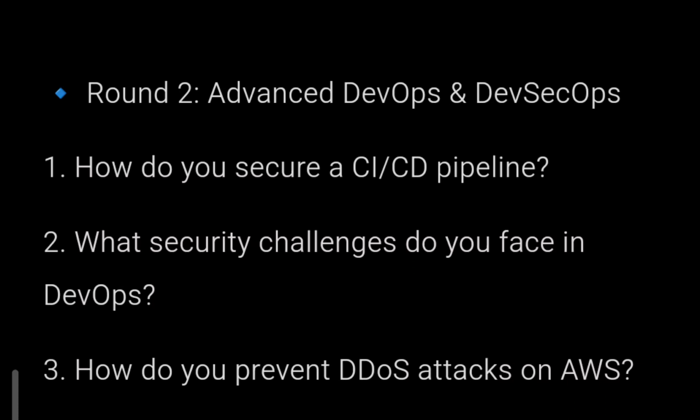That might be prod, QA, or UAT. In each stage we can integrate these tools. Let's say if we wanted to integrate DAST, we can integrate that before the production environment, let's say in the UAT or testing environment. That is how I clearly explained how we can secure the CI/CD pipeline.